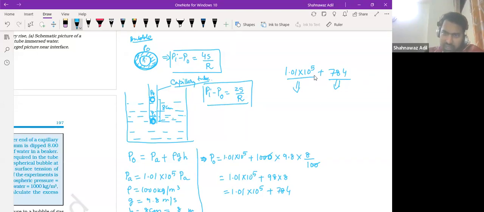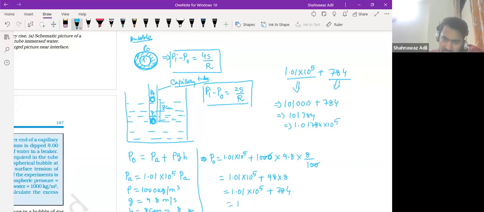So let us write this in this way. This is 101 and 3 zeros, plus 784. Is this correct, guys? So then this is 101784, which is 1.01784 into 10 to the power 5 Pascal.